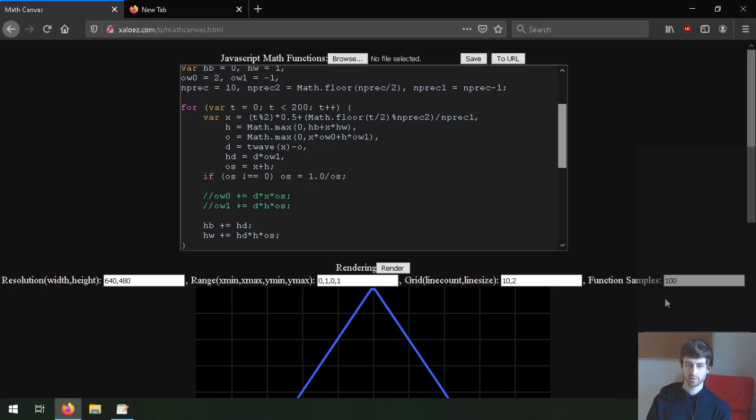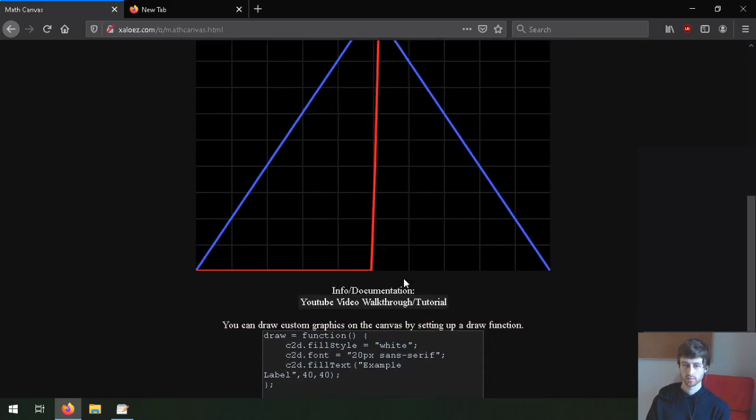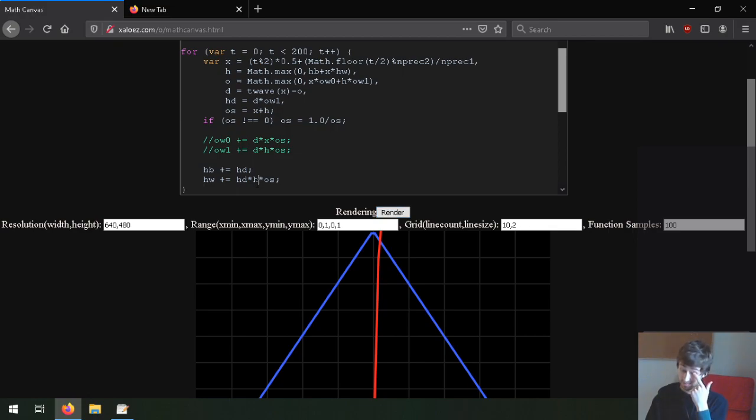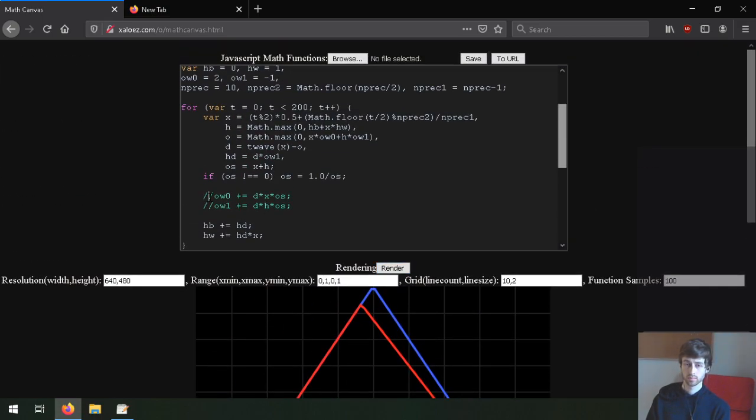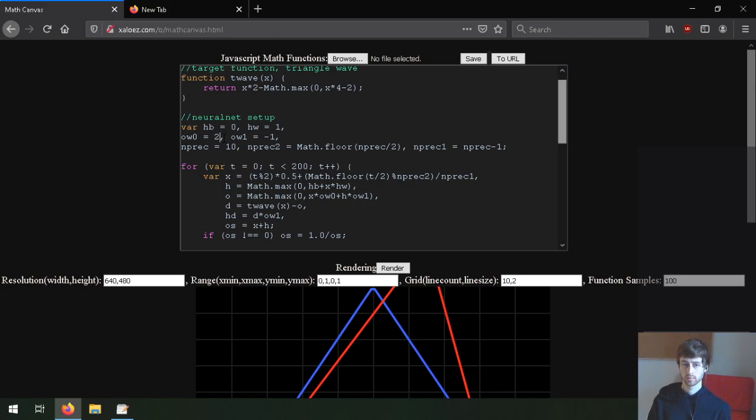Yeah, so training the output layer breaks it. Yeah, oh my god, this sucks.